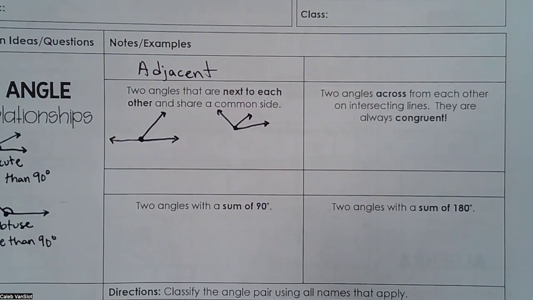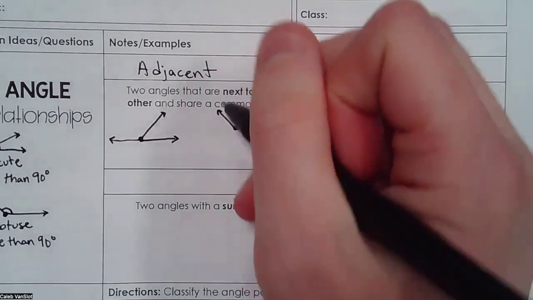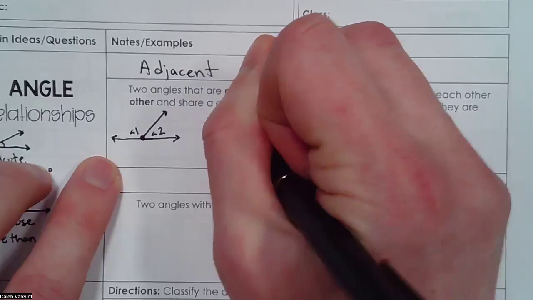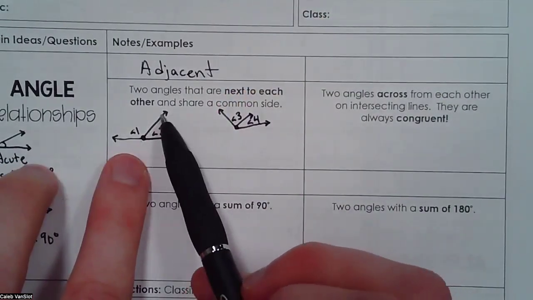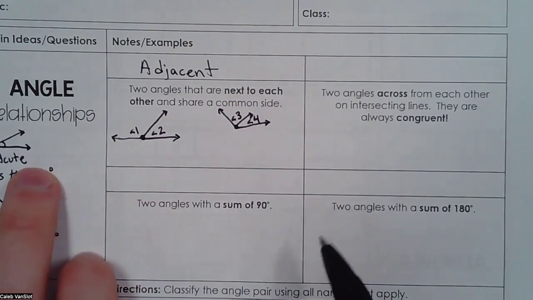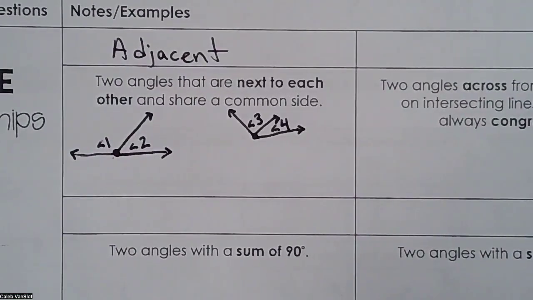They don't all have to be the same degrees as you draw them out, but we should see that our angles, let's call this angle 1 and angle 2, angle 3, angle 4. Do you guys see how they share a side? Both of these here, they share a side, okay? So they're going to be right next to each other and they're going to share a side. We call those adjacent, okay?